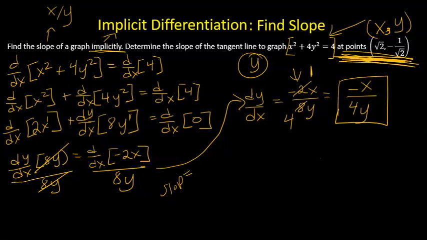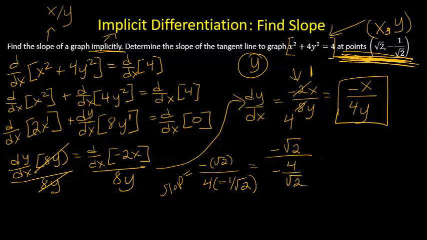And what does that look like? That's going to look like this. We're going to do negative square root of 2 over 4 times negative 1 over square root of 2, which gives me negative square root of 2 over negative 4 square root of 2. I just combined it together.